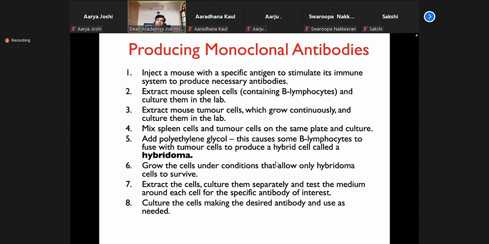To assess whether the animals injected with this antigen have induced an antibody response, you collect some serum sample. If an antibody response is observed, you sacrifice these animals, collect spleen and other lymphoid organs, and make a single cell suspension from the splenic tissues, right?